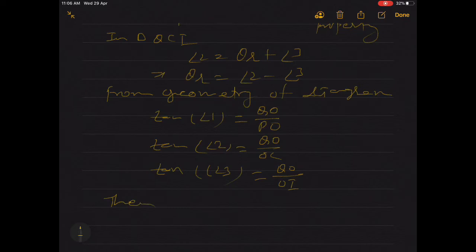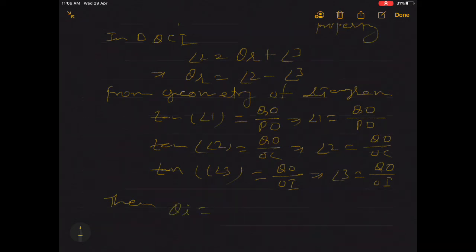Which implies, for small angles, angle 1 is equal to QO upon PO, angle 2 is equal to QO upon OC, and angle 3 is equal to QO upon OI.